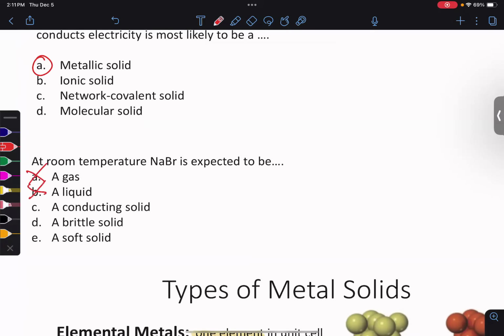No. A liquid? No. It's going to be a solid, but which one? It's going to be a brittle solid. Yeah. If you got this wrong, what did you want to say? Conducting solid, you want to say conducting, but do ionic solids conduct? They do not. You have to dissolve them or melt them to make those ions mobile.